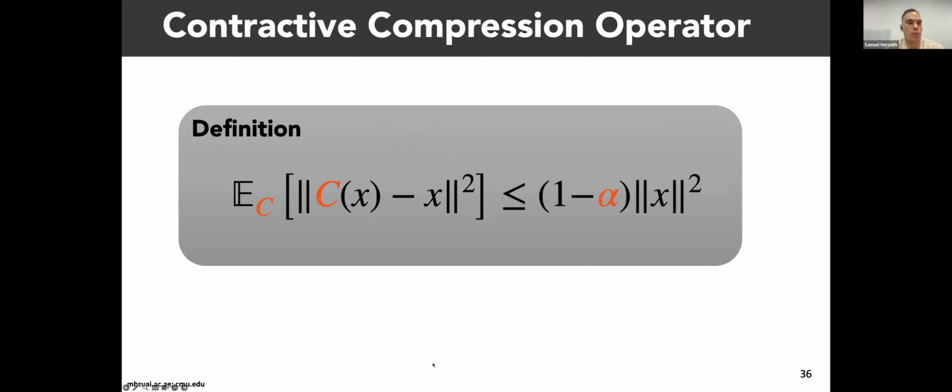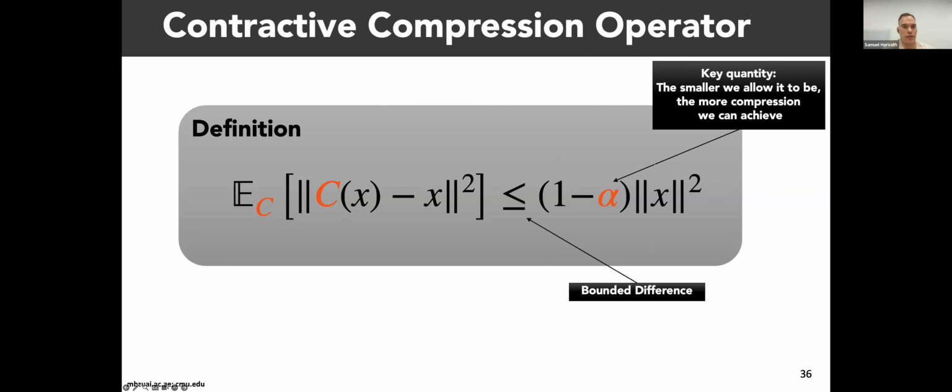All right, so now a more general version of compression operators is contractive operators, where we only require that the bounded difference is essentially contractive. Here again, this alpha that lies in the interval (0, 1] is the key quantity. The smaller we allow it, meaning the closer this factor is to 1, the more compression we want.